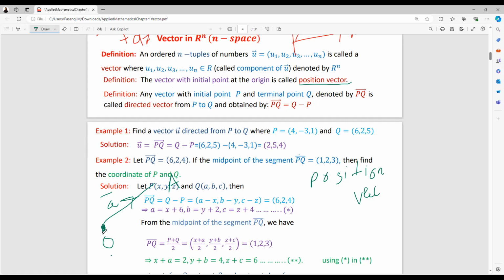Here the origin is O, and the vector is A. The position vector we denote as OA, or simply a. Is it clear? If it's a position vector, we always need to start with the origin. Is it clear?